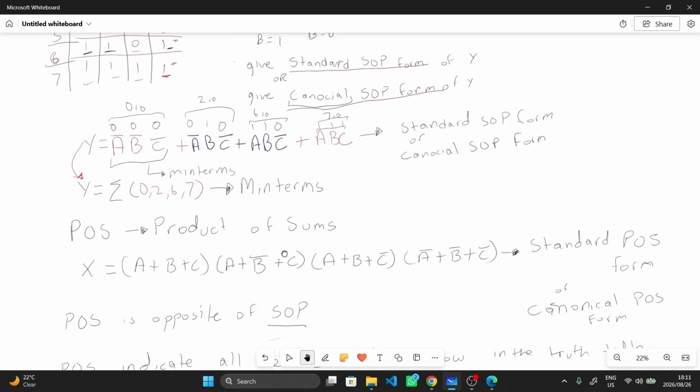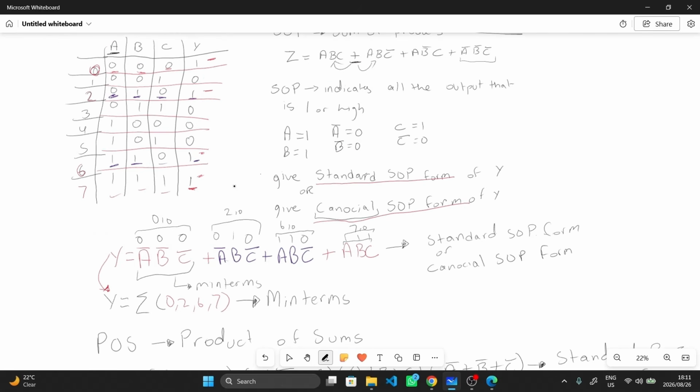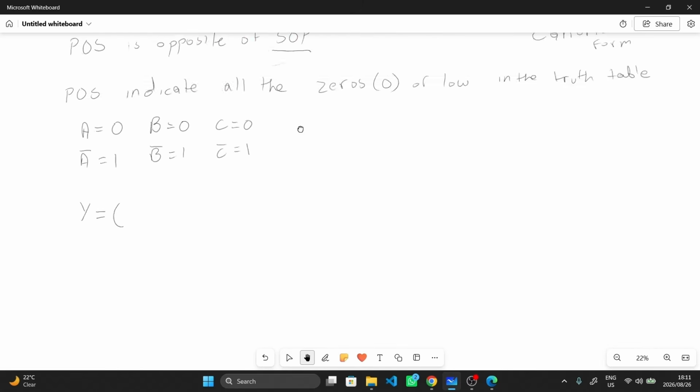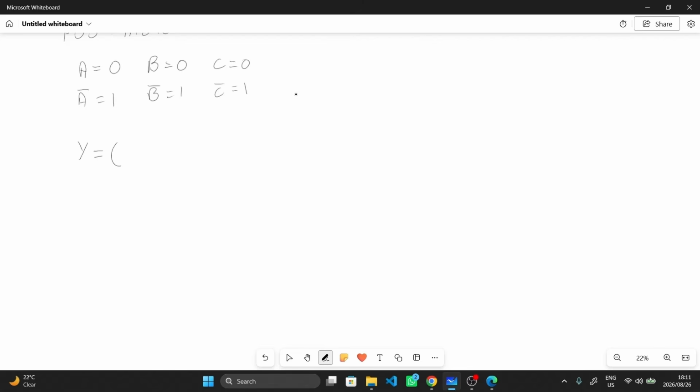If you check, the first 0 is where A is 0, B is 0, and C is 1. So in this case, it is A plus B plus C complement, because our first 0 is where A is 0, B is 0 and C is 1.